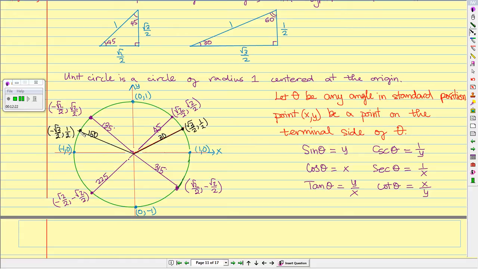Now next, we take the point in the first quadrant and reflect across the origin.